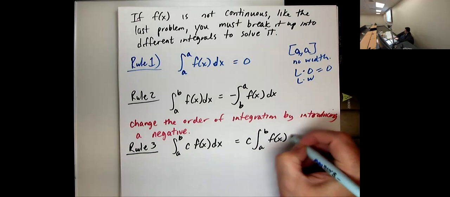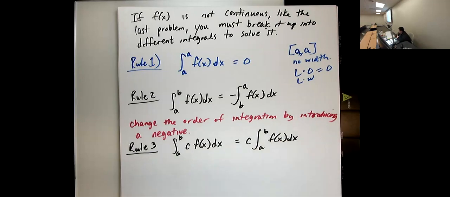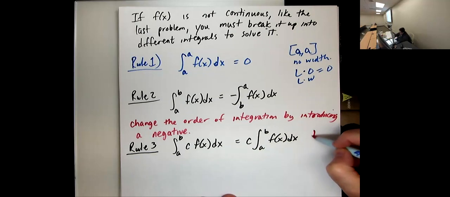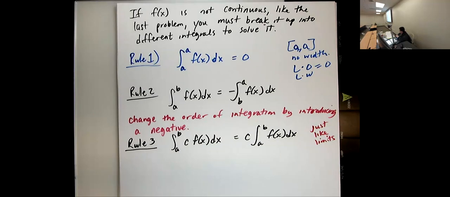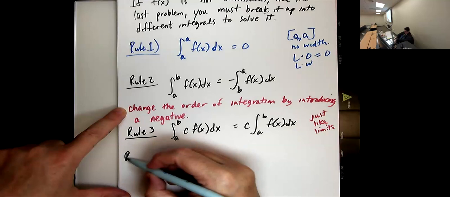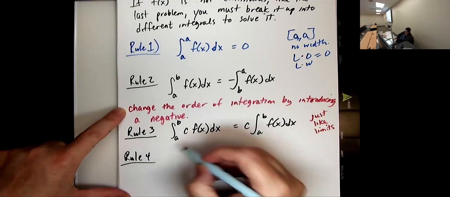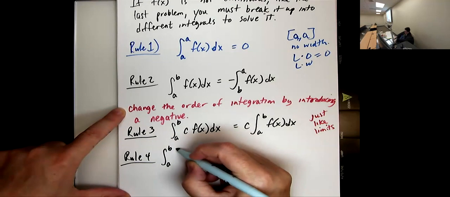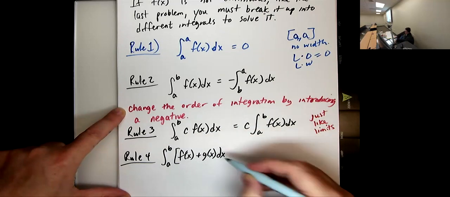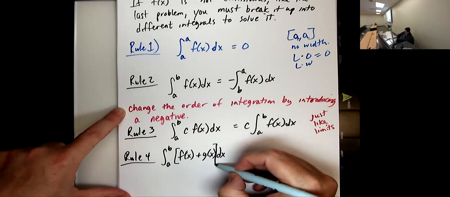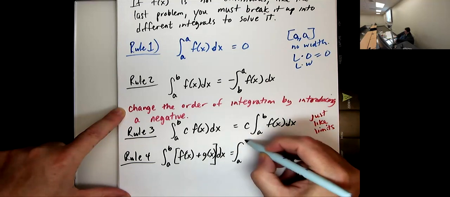Same premise here, just like limits. We also had, if we had two different things added together inside of a limit, we could break it up into two limits.